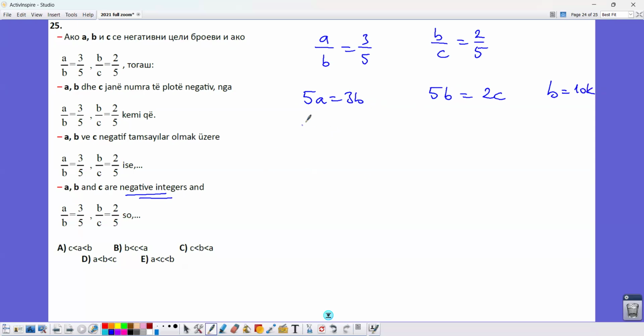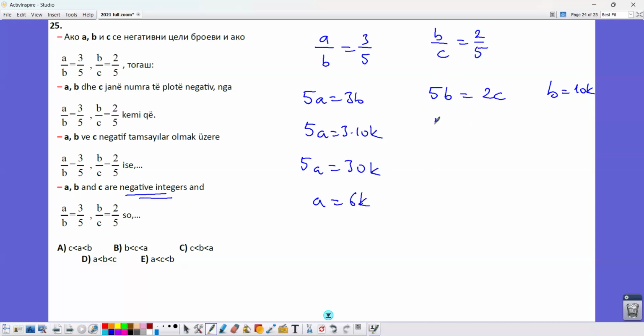Then when I'm writing it in the question, I'm trying to find all the terms related to one unknown, k. So 5a is equal to 3 times 10k. 5a will be 30k. So a is 30 over 5, 6k.